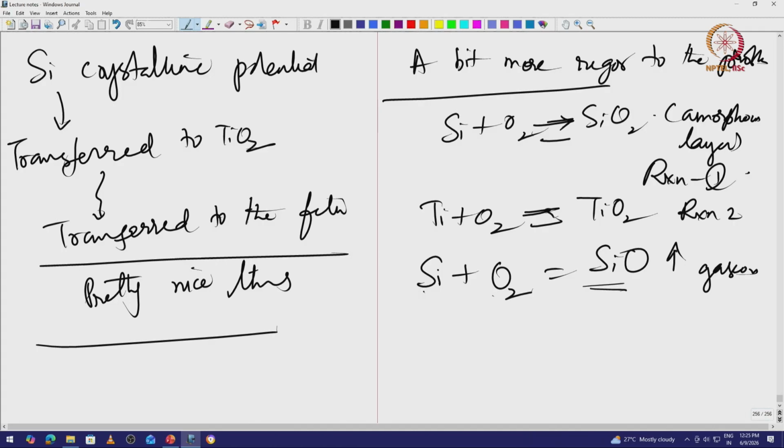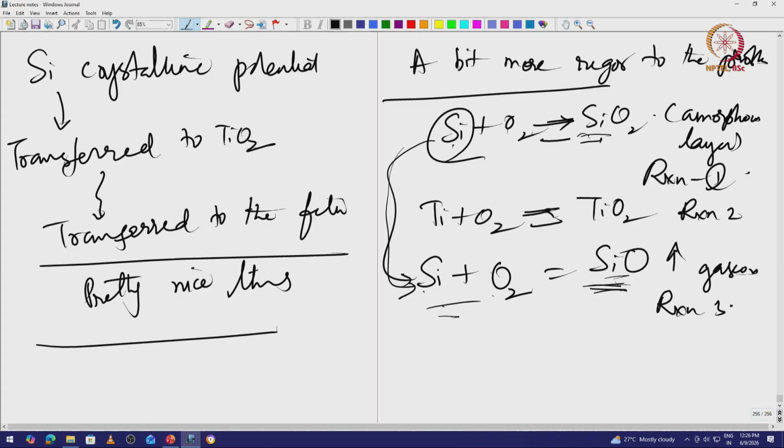I did not tell you this earlier, but if this reaction exists, I can still make sure that silicon actually forms SiO gas and not really SiO2 solid. SiO2 solid is the amorphous layer, right, but I can go to conditions where this reaction takes away the oxygen and forms the SiO gas, and the gas goes away, and then whatever silicon is remaining is reduced silicon, right.